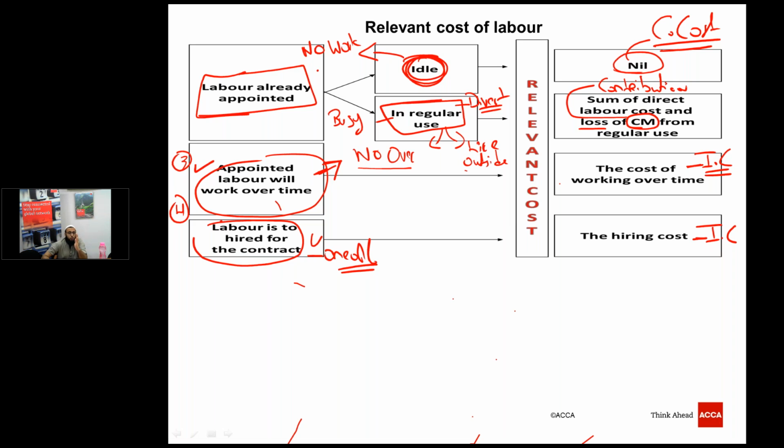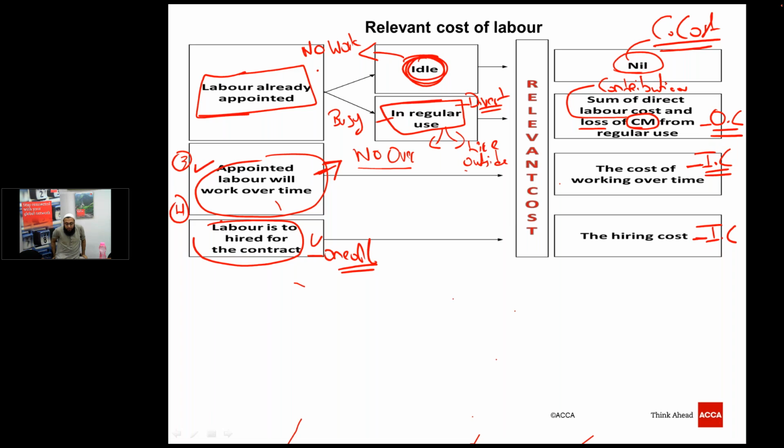So the contribution you are losing means the benefit you are losing on the regular product, because you are transferring the labor towards the one-off contract. In that case, this loss will be treated as opportunity cost.